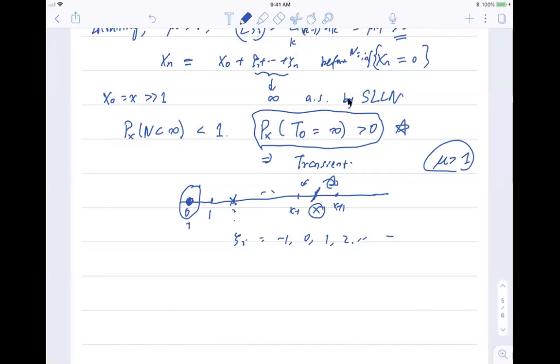So it can only be transient. Since x is transient, everything is transient. The chain is irreducible, so the state space now is just Z plus.